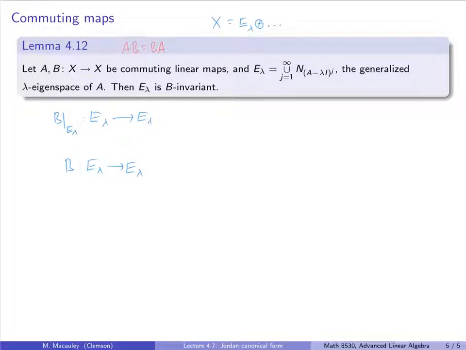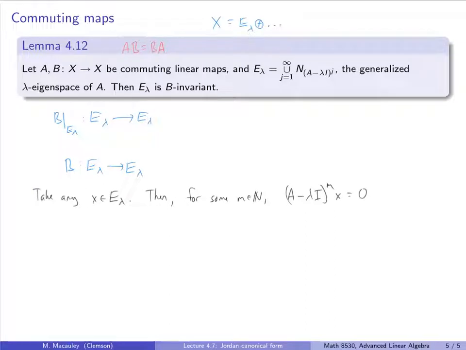E lambda literally is the set of all generalized eigenvectors of A corresponding to lambda. So here's the proof of it. Let's take any x in E lambda. Then by definition, for some non-zero integer m, A minus lambda I to the m times x equals 0.